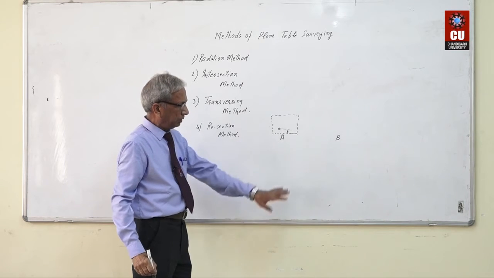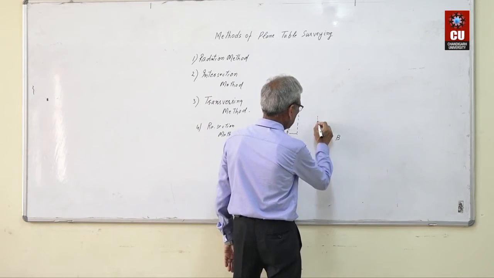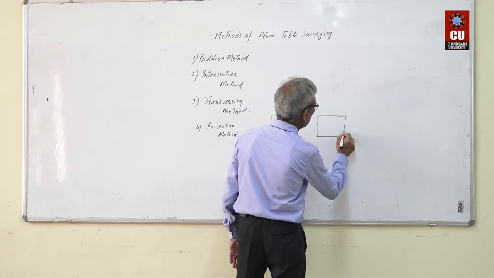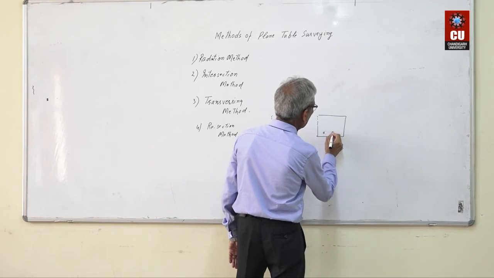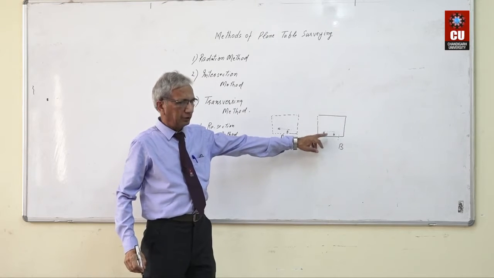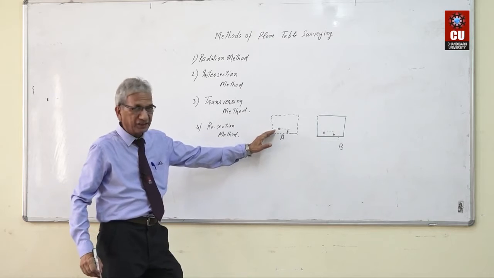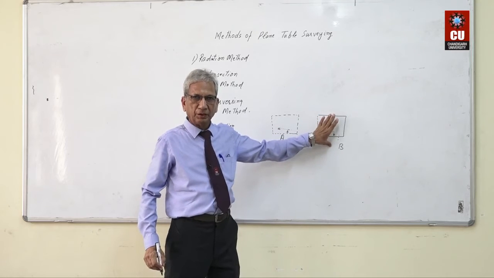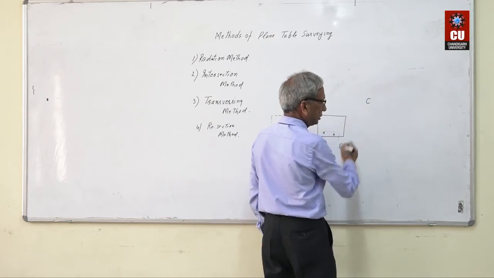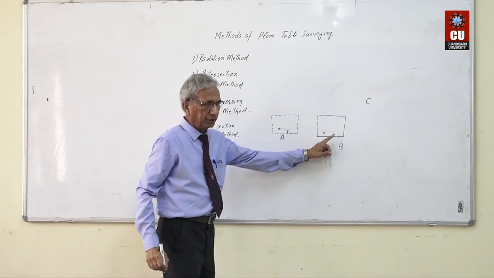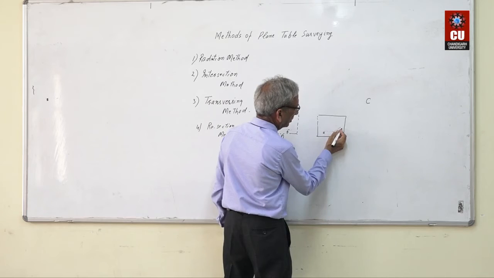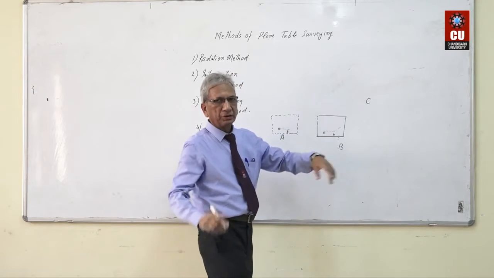Now we will shift the table to point B. When we have set the table at B, then with the back setting, orient the table at B. When the table is oriented, then there is another point C. By placing the alidade at B, we will bisect point C and draw a line towards C. Measure the distance BC with the same scale.